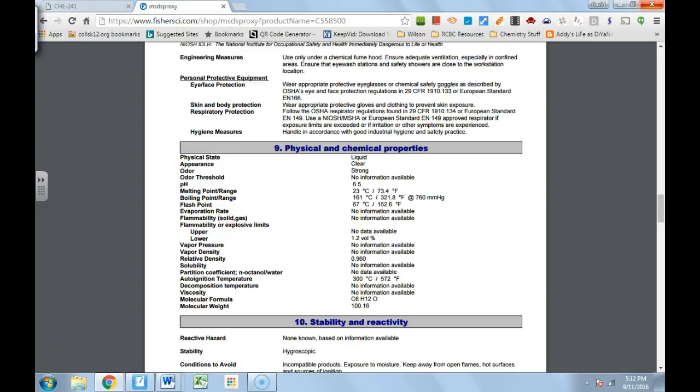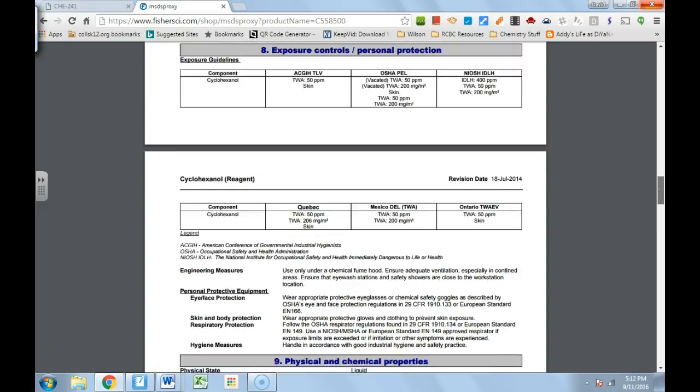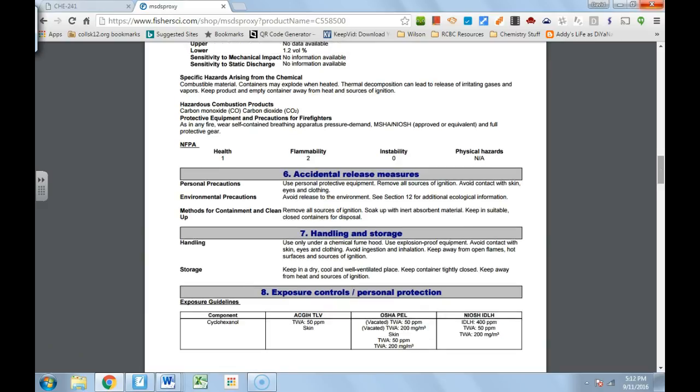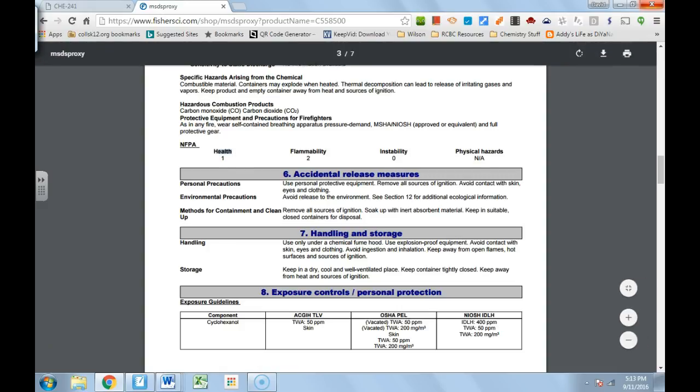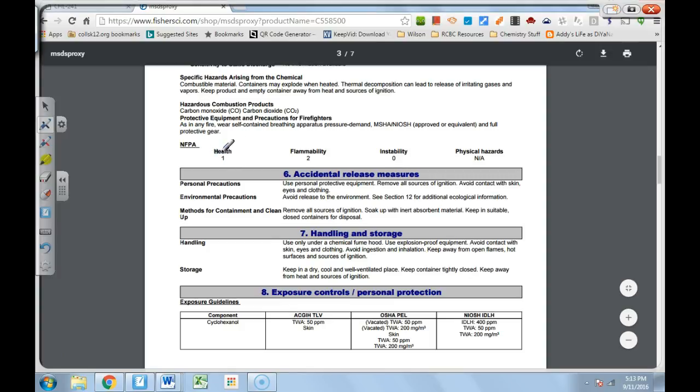The other thing that you're going to want to include is the NFPA ratings for health, flammability, and instability, because those are going to tell you how dangerous they are. This information right here is definitely something that you want to include.